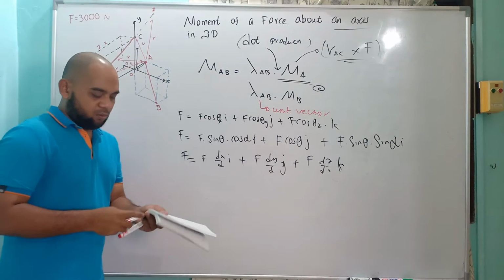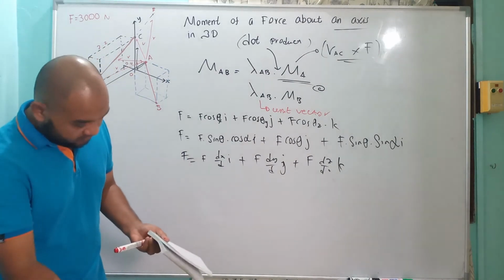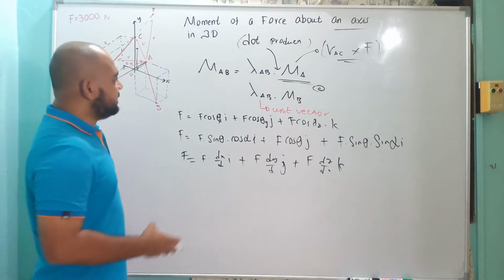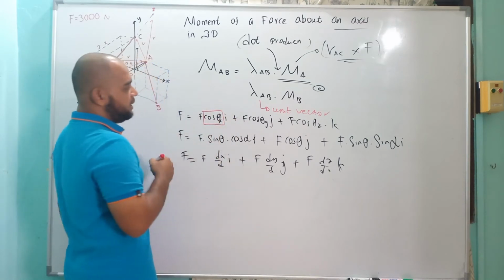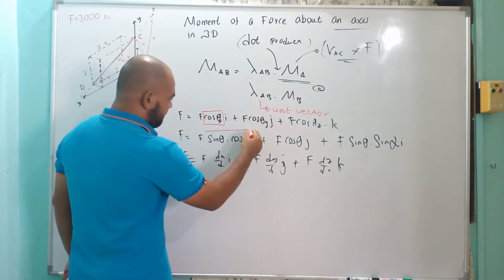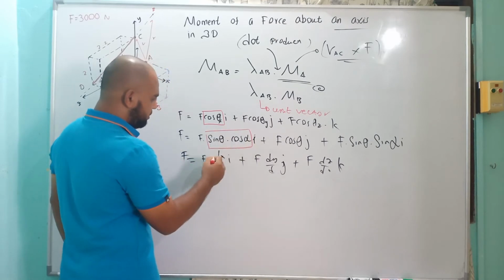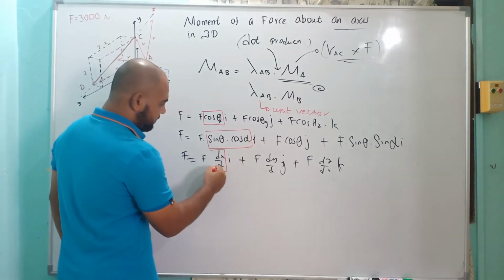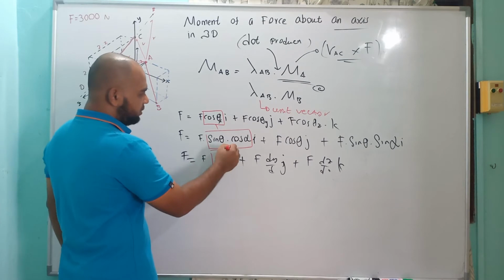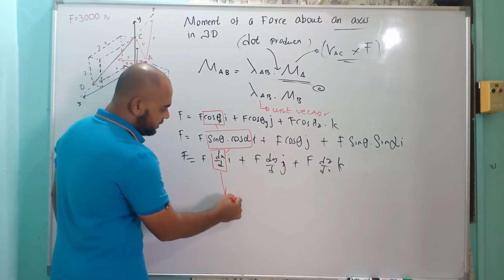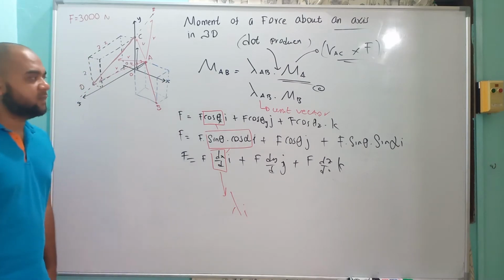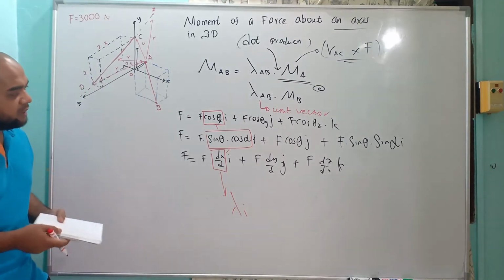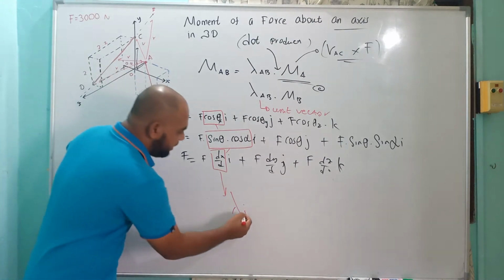Okay, so from here, this thing here, cos theta x, and dx divided by d, this one is the same. This is actually lambda i, or lambda x i.